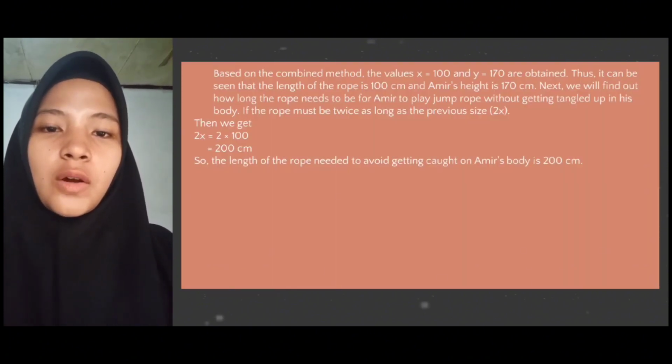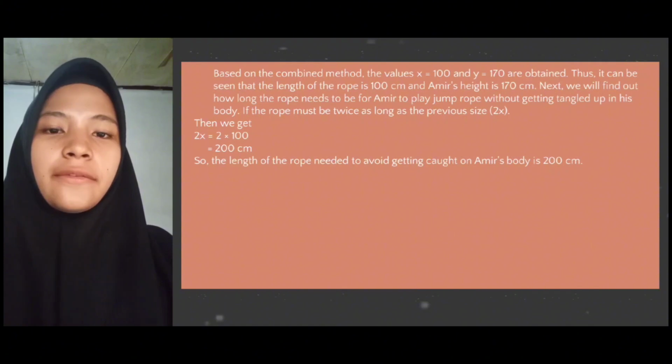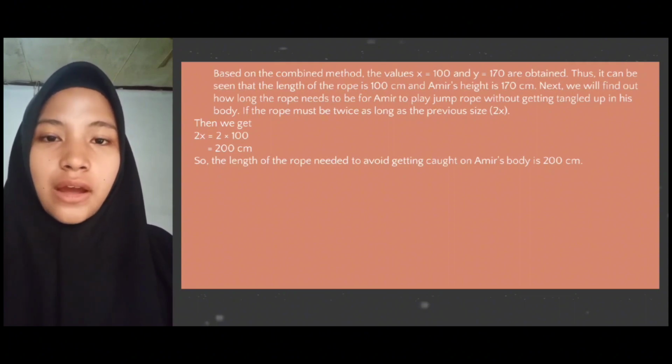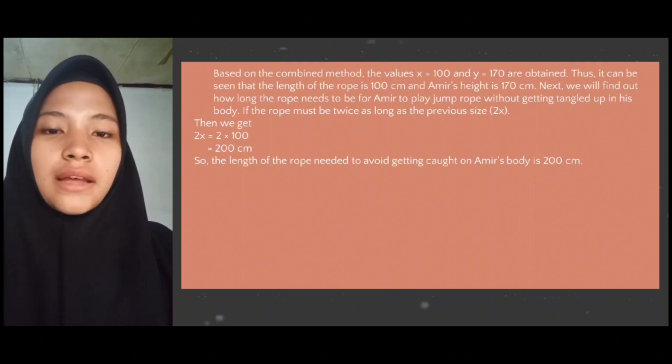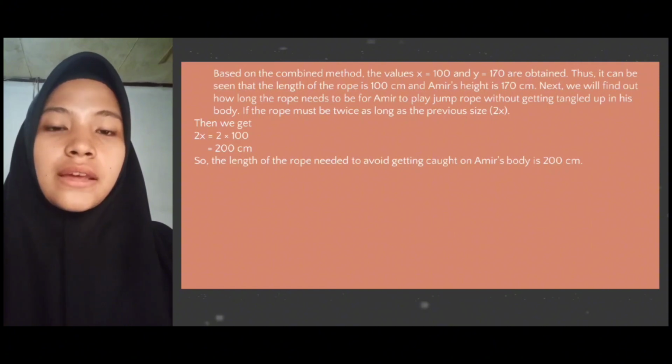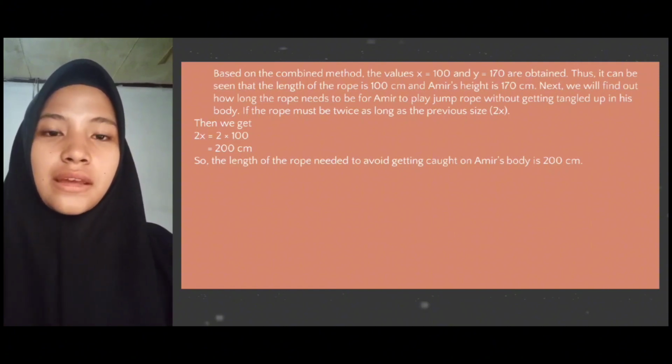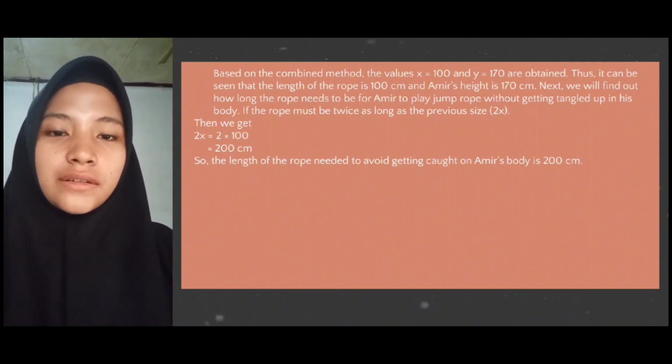Based on the combined method, the values x equals 100 and y equals 170 are obtained. So it can be seen that the length of the rope is 100 cm and Amir's height is 170 cm.